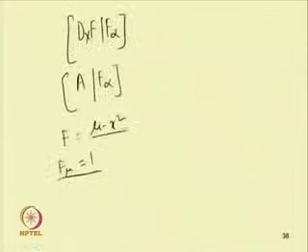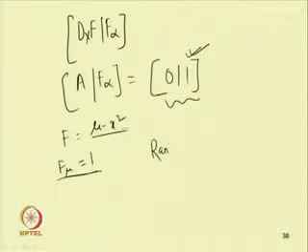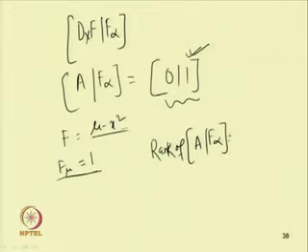So this matrix [d_x f, f_alpha] becomes [0 1], which has a rank of 1.